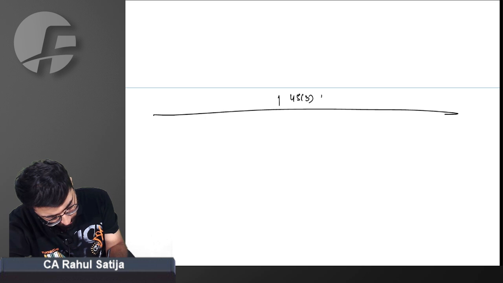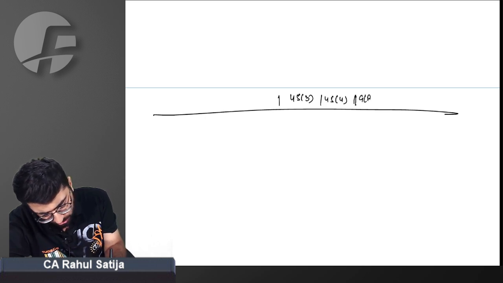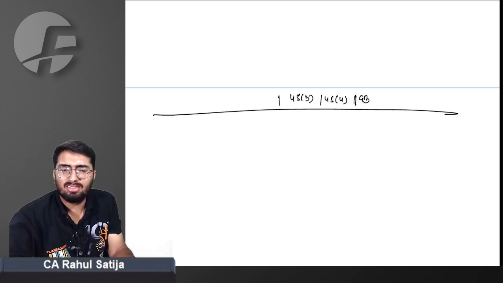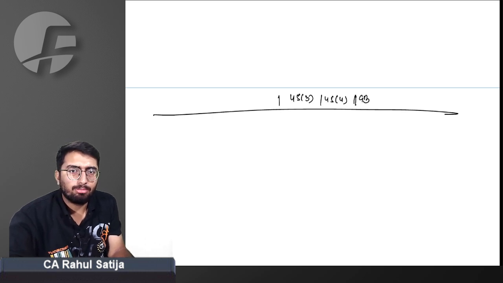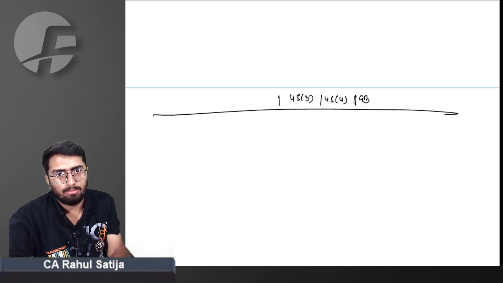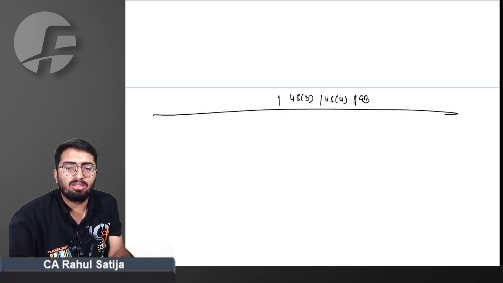Sections 45(3), 45(4), and 9B. These three sections we need to study. There is nothing complicated in this. I'm sure after studying from me, you will find this topic at your fingertips. But I want your focus for the next half an hour.